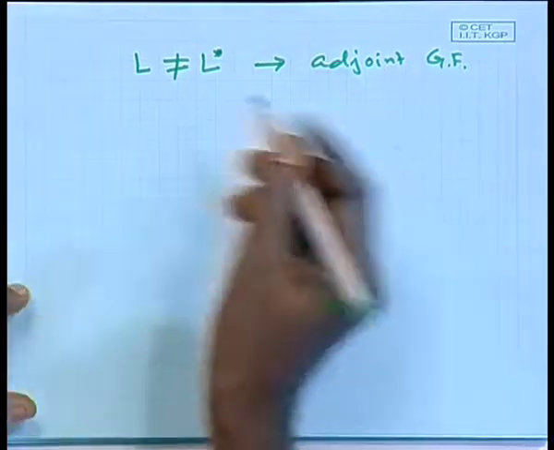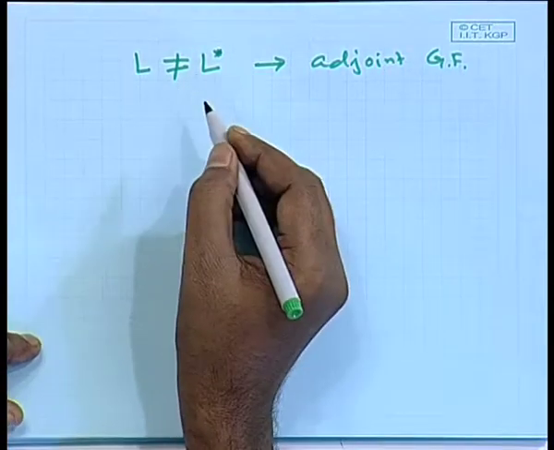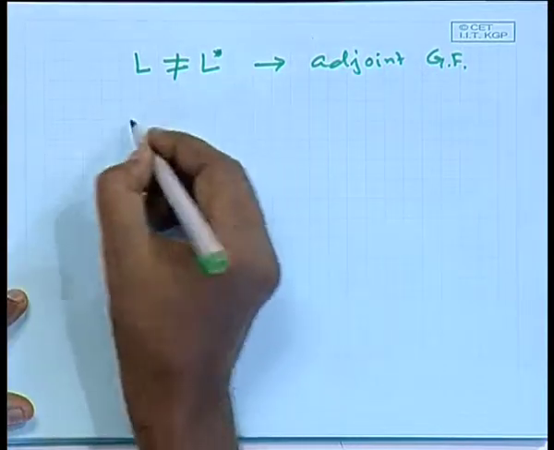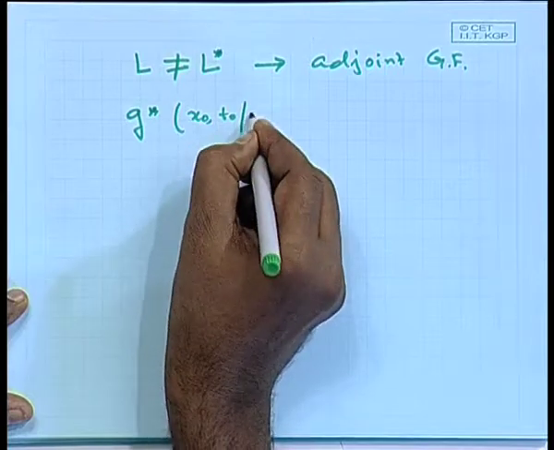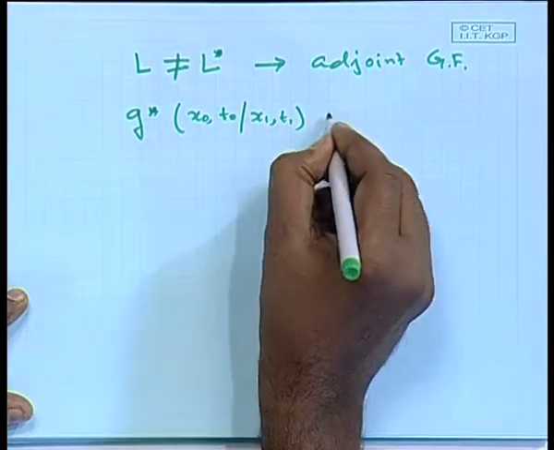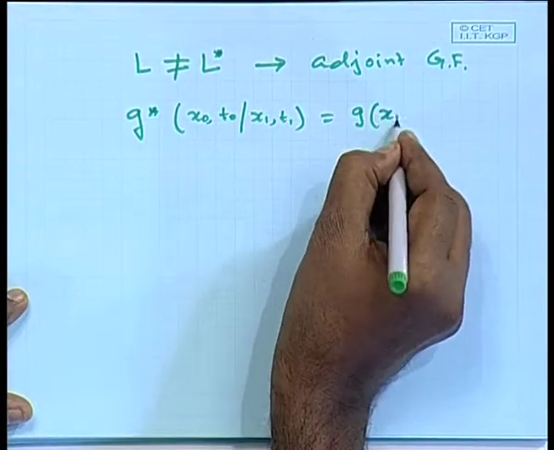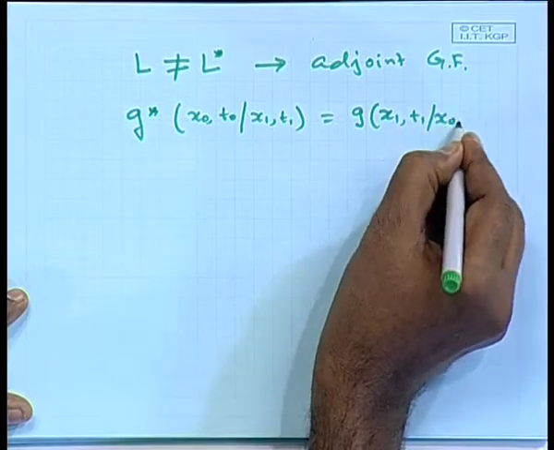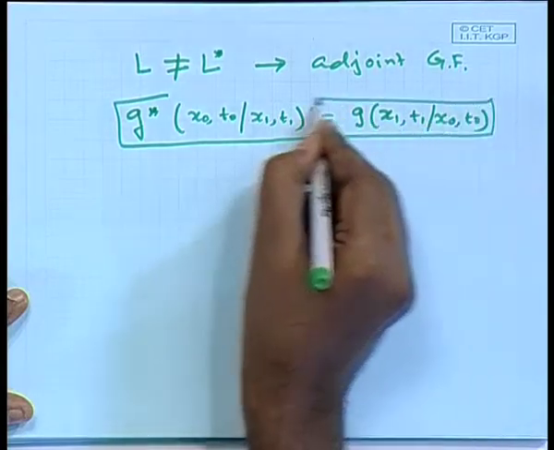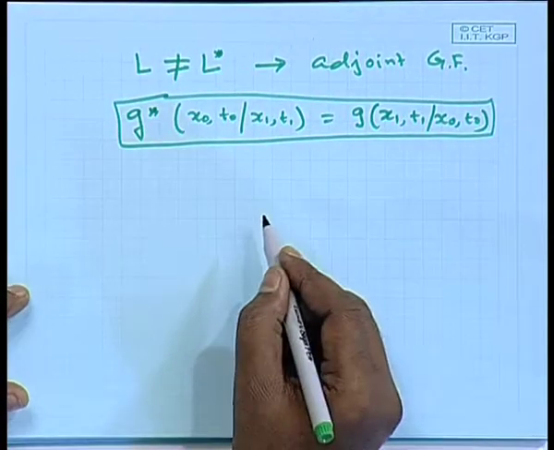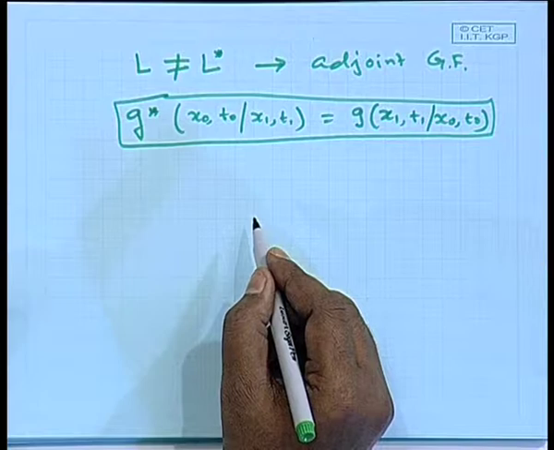Okay. Now, if you remember the property, the relationship between G and G star: G star x naught t naught at x1 t1 should have been G x1 t1 oblique x0 t0. This was the relationship between G and G star that we have derived for the one dimensional problem.